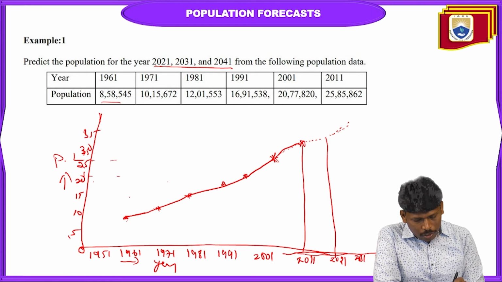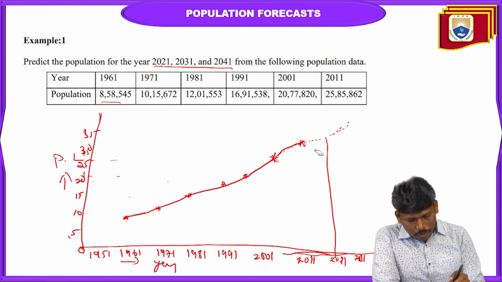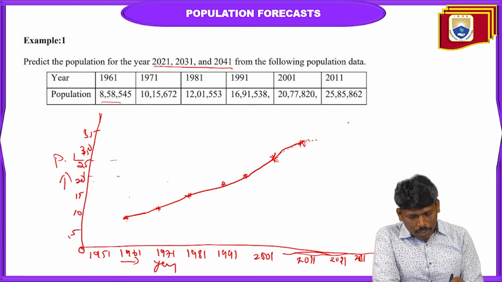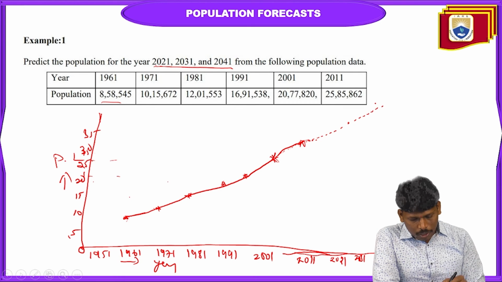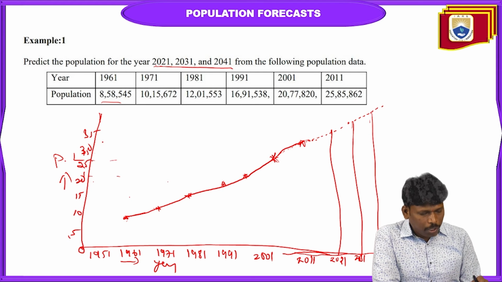Then for 2021, I need to extend this one like this. So then corresponding to 2021, 2031, and 2041, this is the population.